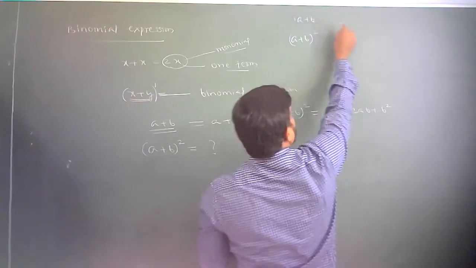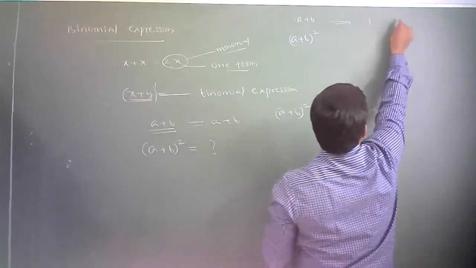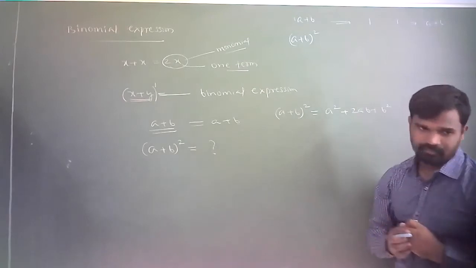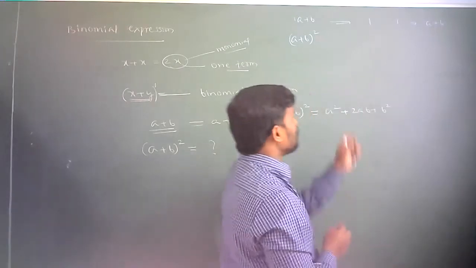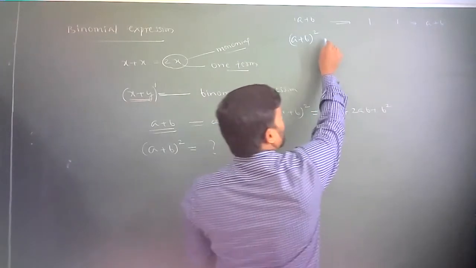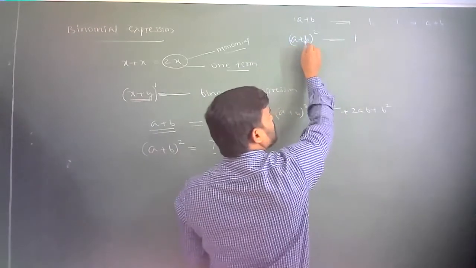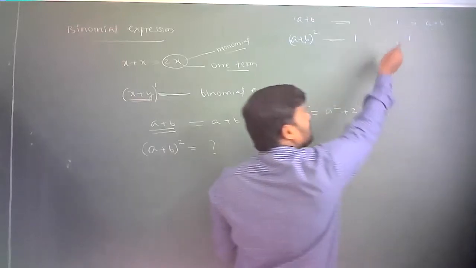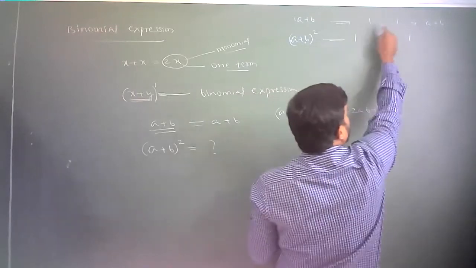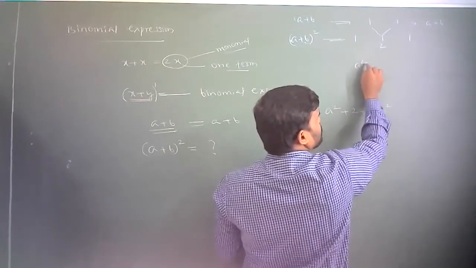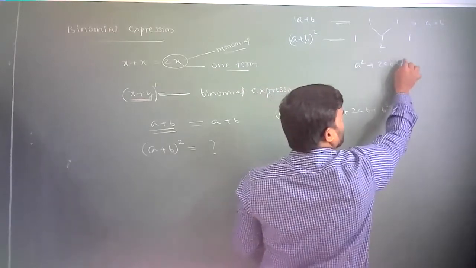Here the coefficients are 1, 1, and the expansion is a plus b only. If you think about a plus b whole square, what is the coefficient of a? 1. What is the coefficient of b? 1. The previous expansion gave 1, 1, and the sum of these two is 2. Then the expansion is a square plus 2ab plus b square.